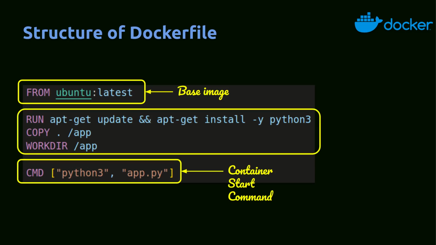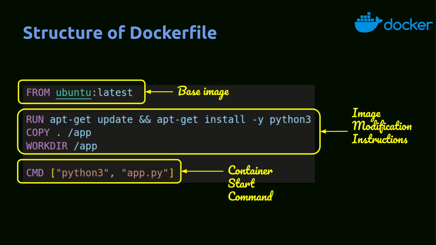And there are some other commands in between. These are the image modification instructions, where you can install packages and libraries, add your source code, etc. There are some other commands also, like exposing a certain port, adding a volume, etc. We'll learn them one by one.